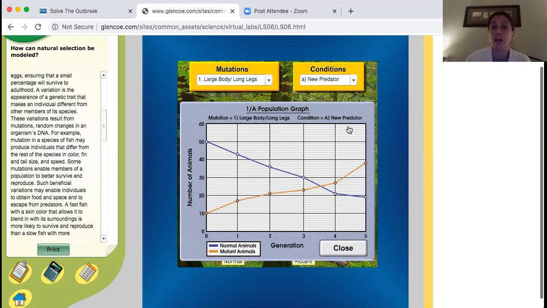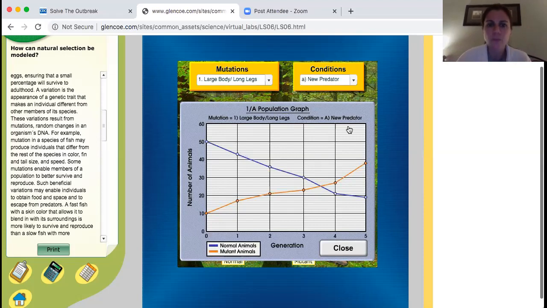That tells me that this particular mutation was advantageous, was good for the organism. The normal rabbits are going to slowly die out, while these mutated rabbits are going to increase, because for whatever reason, that mutation allowed that organism to survive and reproduce.